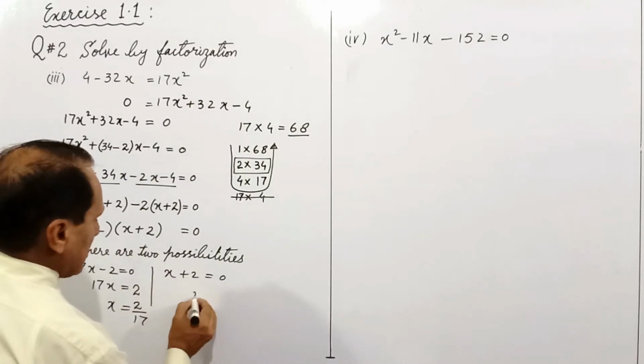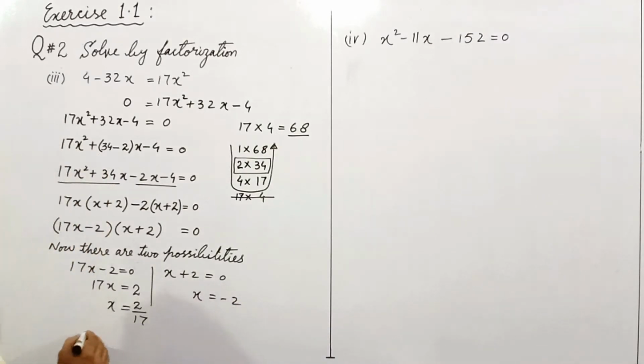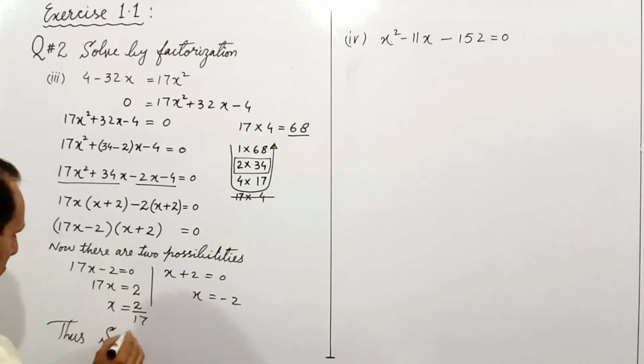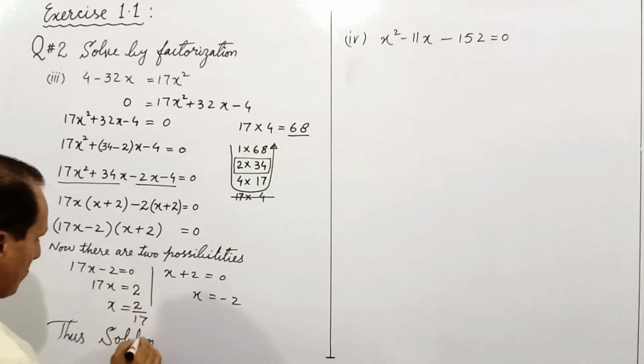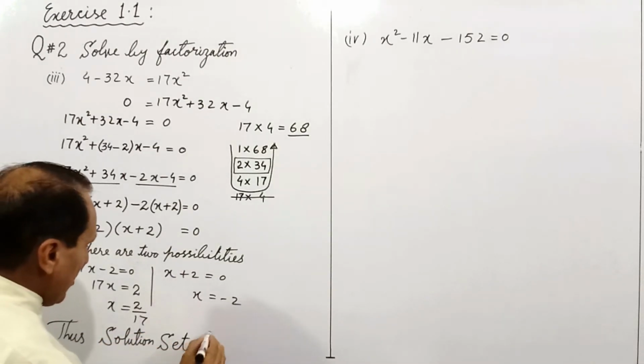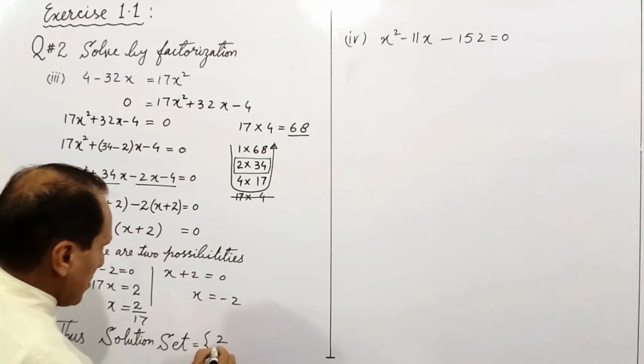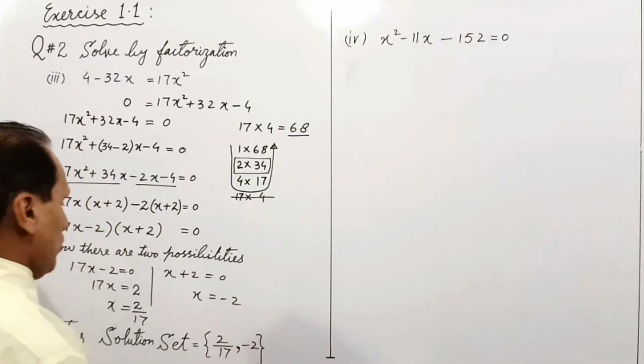In x + 2 = 0, 2 is taken to the right hand side, it will become minus 2. Thus the solution set will be equal to {2/17, −2}.